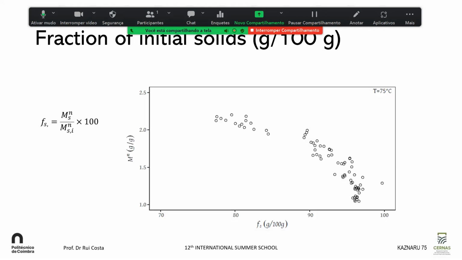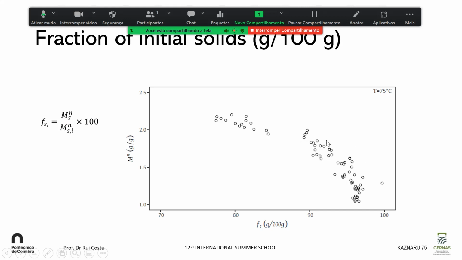Something that is curious, and I should draw your attention to, is if we plot the water content versus the fraction of initial solids, so it starts soaking here, there is an increase of water, so it goes in this direction, with slightly lower solids, but at a certain point, there is a high solids loss and little increase of water content.